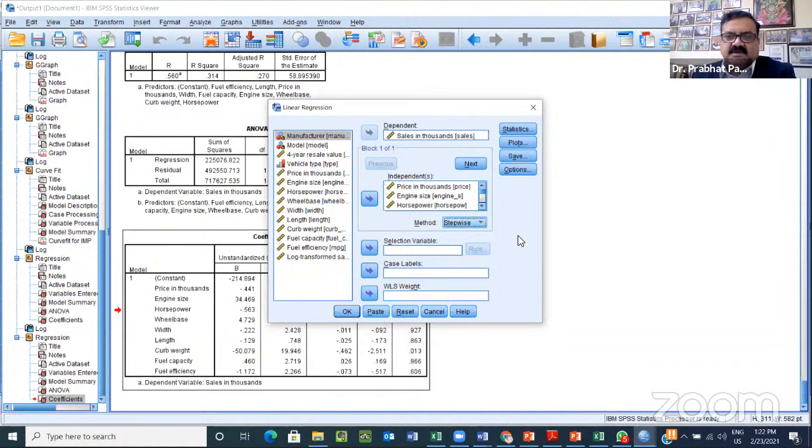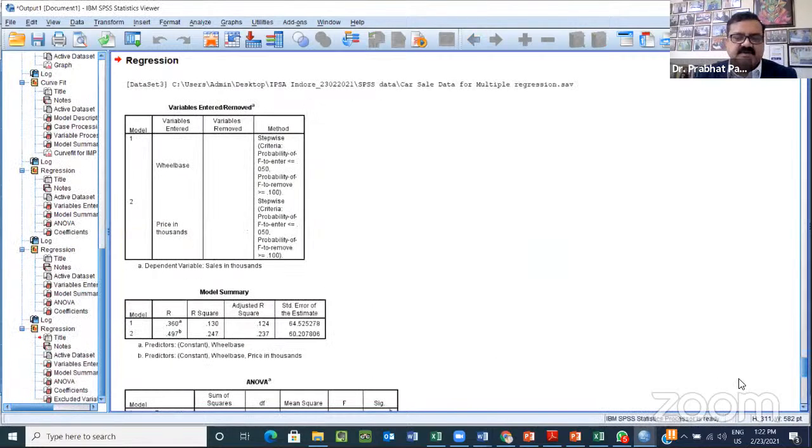It will keep on building models 2, 3, 4 for me, and the last model is going to be the final model. The last model is the one where only those variables appear which have no connections with each other, are very independent, and are significantly affecting the dependent variable. So that's how it's going to happen. Let's see how the result actually looks.